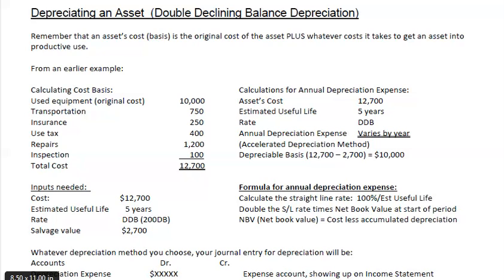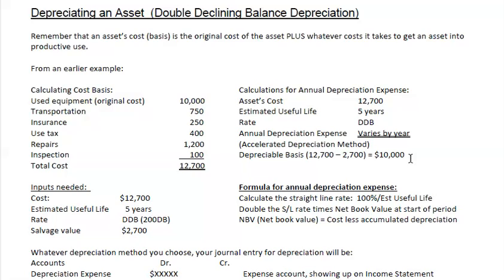Looking at the example that we've done before, we did the straight line depreciation on these same numbers. We've got a piece of equipment that cost us $12,700. We've estimated salvage at $2,700. The difference between the two is our depreciable basis.